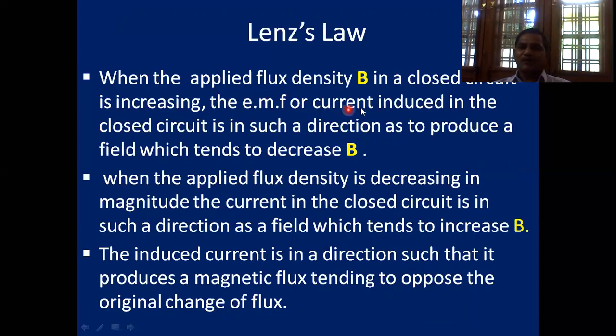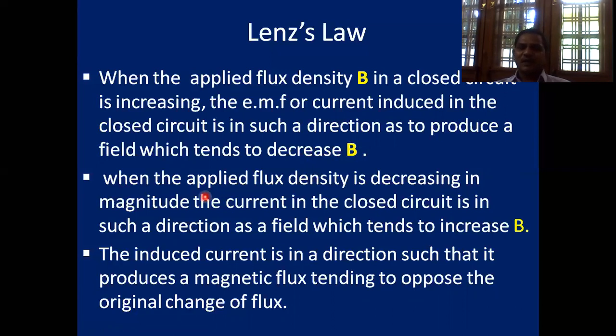When the applied flux density in a closed circuit is increasing, that is the case when the bar magnet is approaching the coil, then the EMF or current induced in the closed circuit is in such a direction as to produce a field which tends to decrease B bar. As there is a repulsion force, that will reduce the magnetic induction field strength.